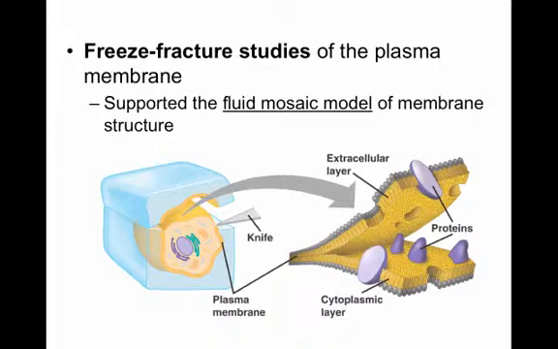And looking at the extracellular layer, we saw these proteins popping through, and then looking at that cytoplasmic layer, again, the proteins coming through and giving evidence for this idea of proteins actually embedded in the membrane.